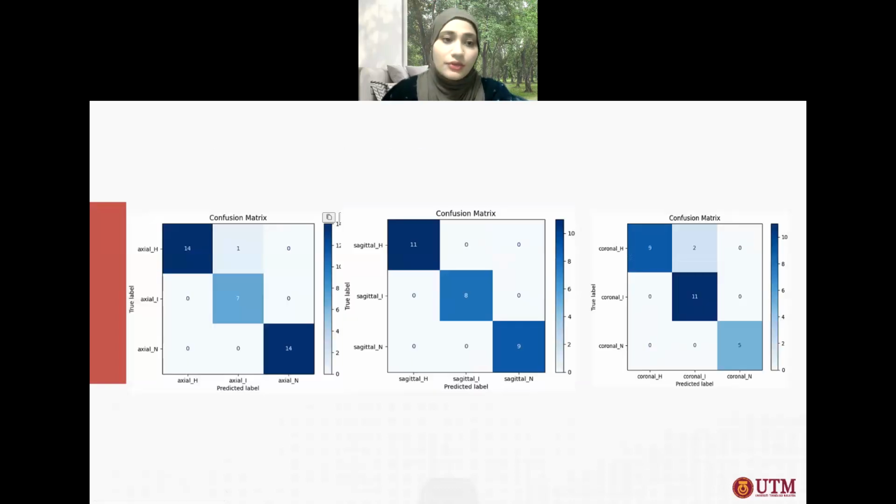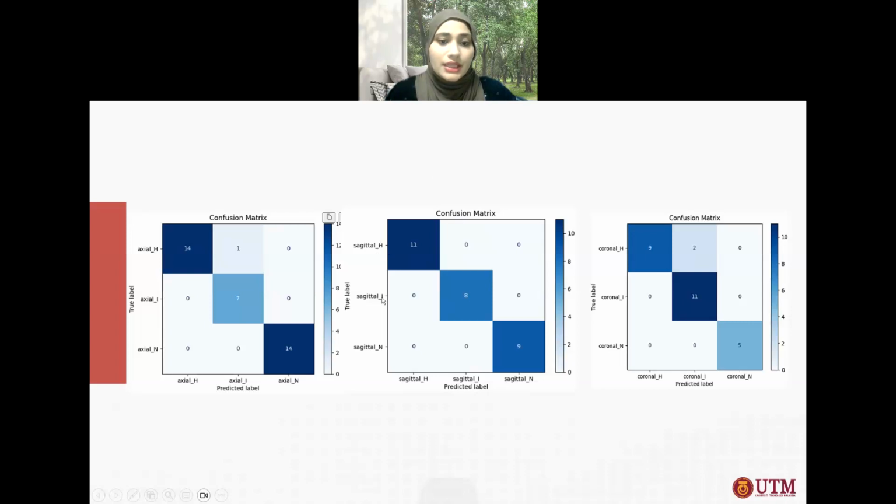This is the confusion matrix for each of them. Over here for axial, H is axial hemorrhagic, I is axial ischemic, and N is axial normal.